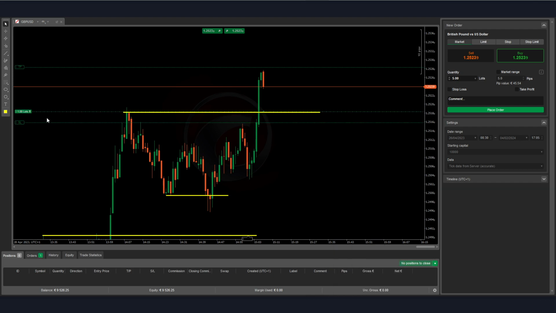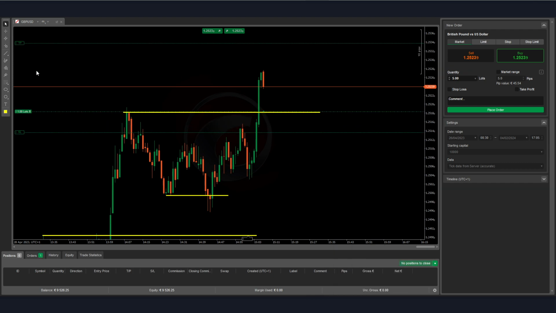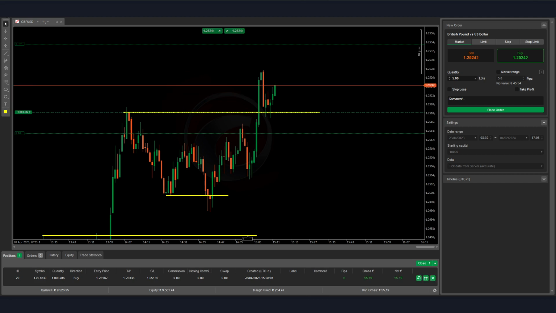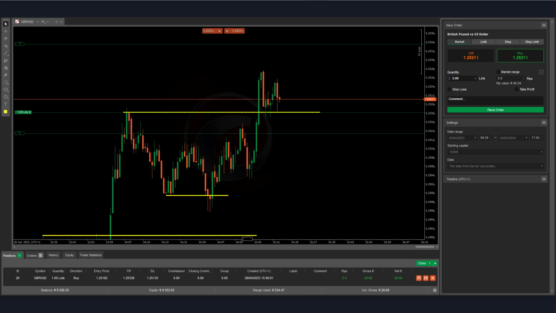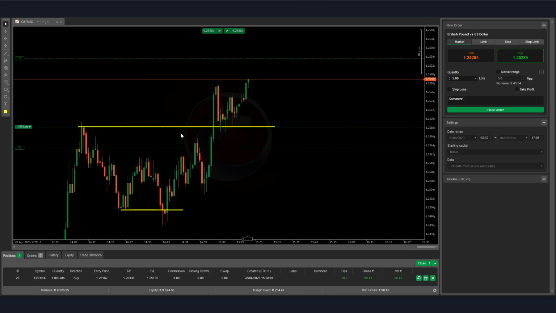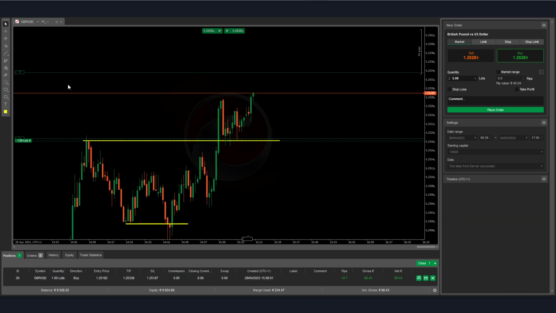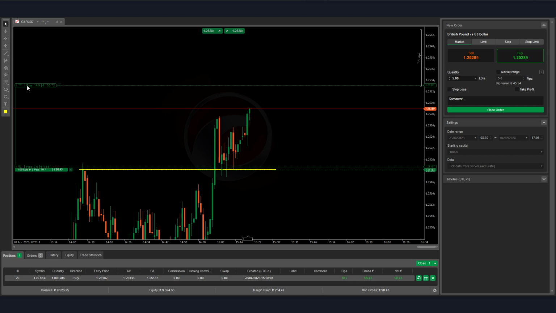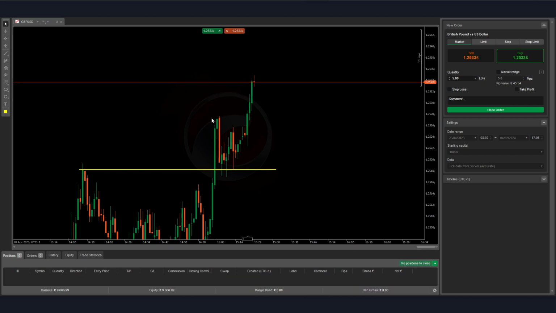Let's see if we get a retest of this area, possible continuation up. Okay, we got around 5 pips. But if we reach the previous highs, that's when I will place it at break even. Okay, yeah, around 10 pips, we can place it at break even. And yeah, TP is at 15. Okay, nice.